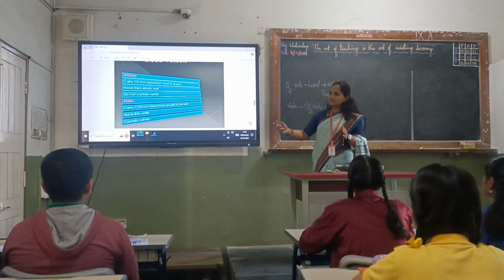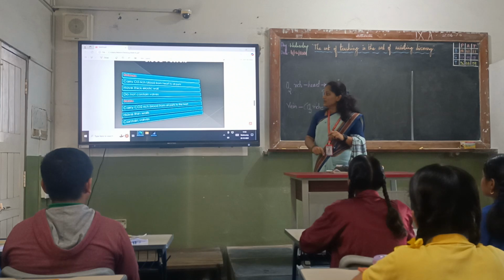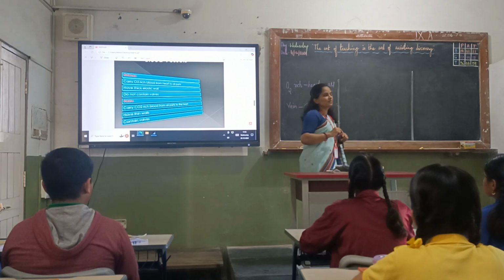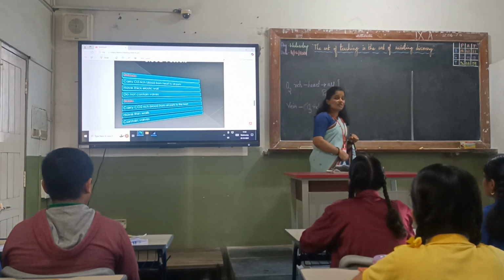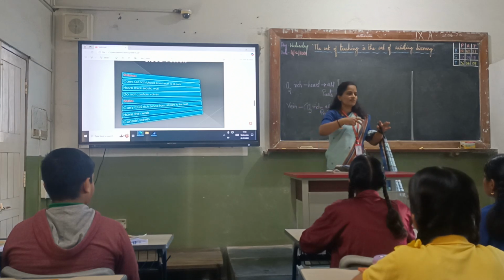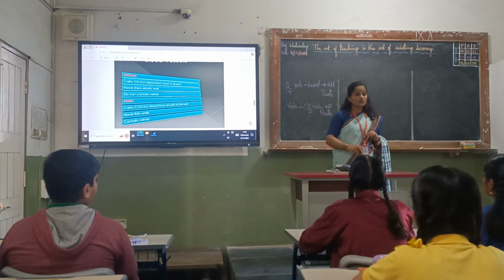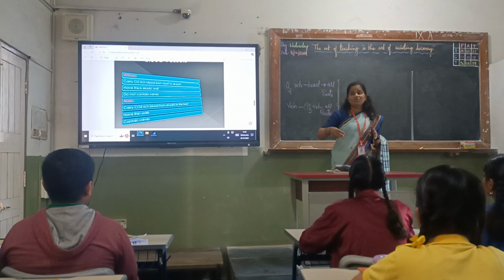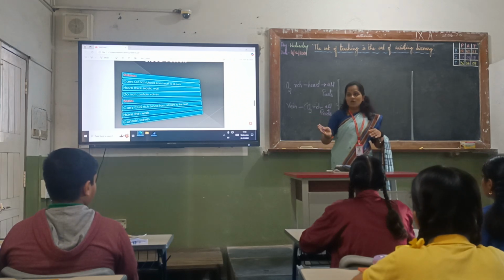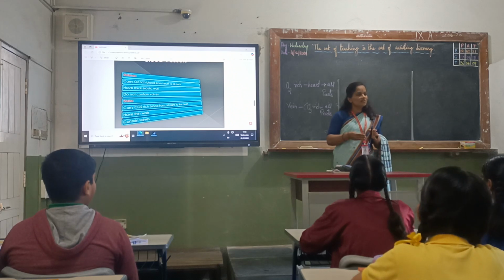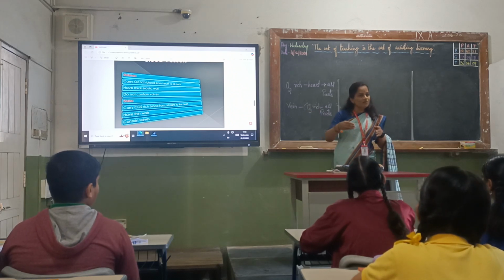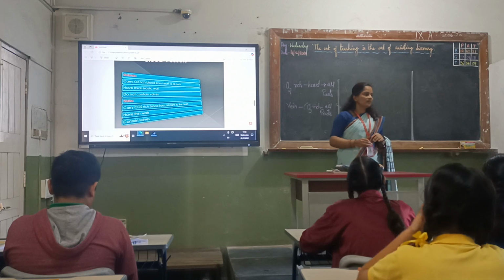So veins have thin walls. Third one, veins have valves in them because from all parts of the body it collects the blood and then transports it to the heart. There are some chances that blood may flow into other organs. So to give the direction, veins have valves in them.